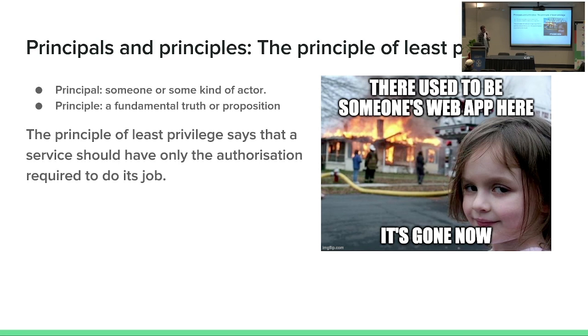So our meme girl here is showing what can happen if you give a service too much permission. If your service becomes compromised, someone hacks in, they've essentially got free rein, and we'll talk about types of permissions in a minute, over your Google Cloud resources.